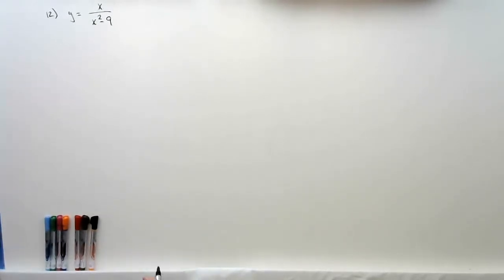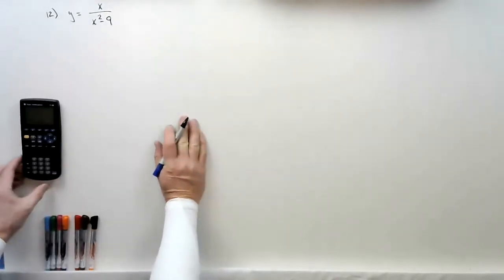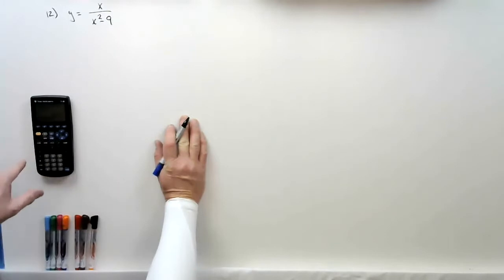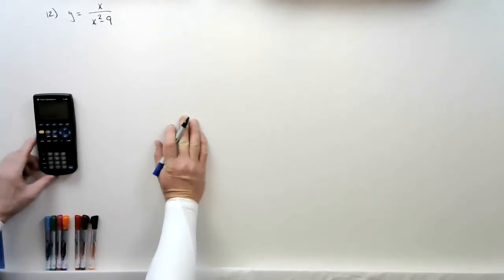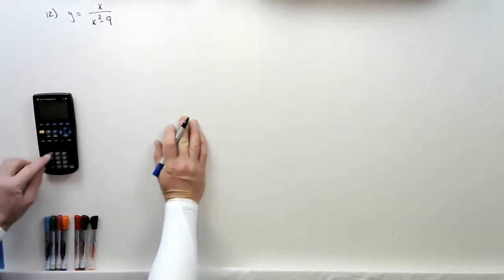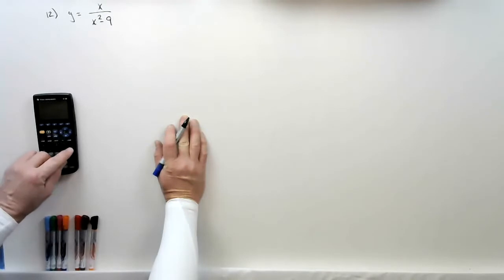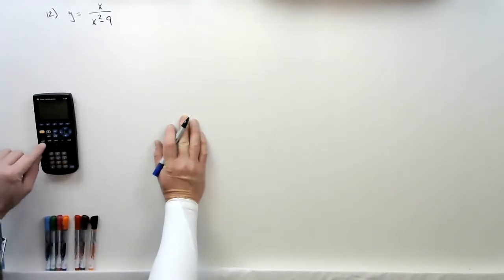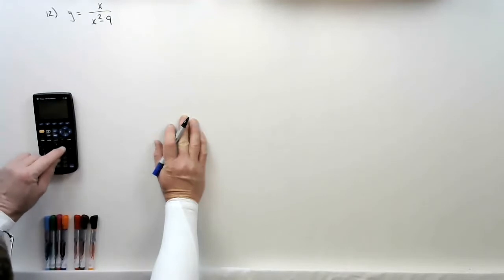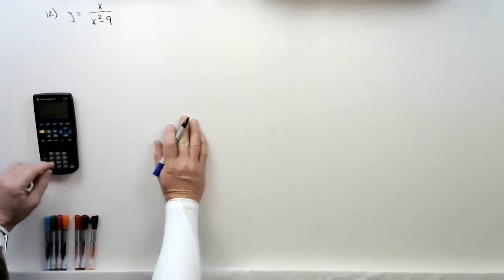Now, all of us know that's a product rule and we all know how to find the derivative. So I'm going to cheat and find the derivative on the calculator so we can have it quickly and move forward. So give me a second here. I've got x divided by the quantity x squared minus 9, comma x.